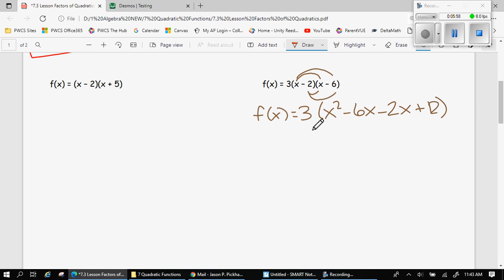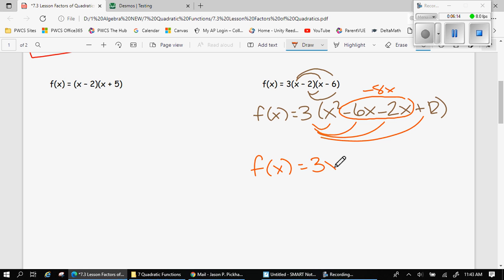And then I want to multiply everything by 3. Before I do that, I'm actually going to clean this up and make negative 6x minus 2x. That's negative 8x. So 3 times x squared is 3x squared. 3 times negative 8x is negative 24x. 3 times positive 12 is positive 36.